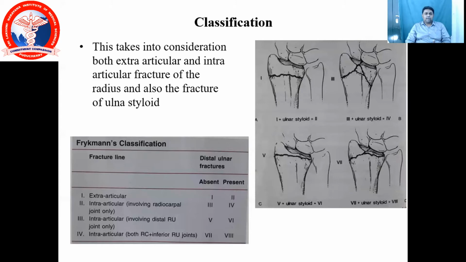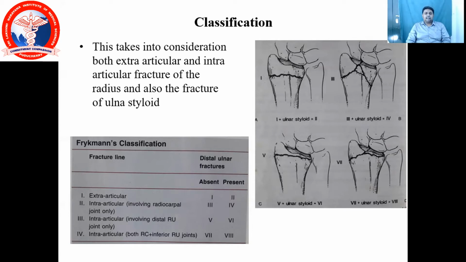Type 1 of Frykman's classification is purely an extra-articular fracture of the distal radius without involvement of the ulnar styloid. Type 2 is an extra-articular fracture of the distal radius with ulnar styloid process.